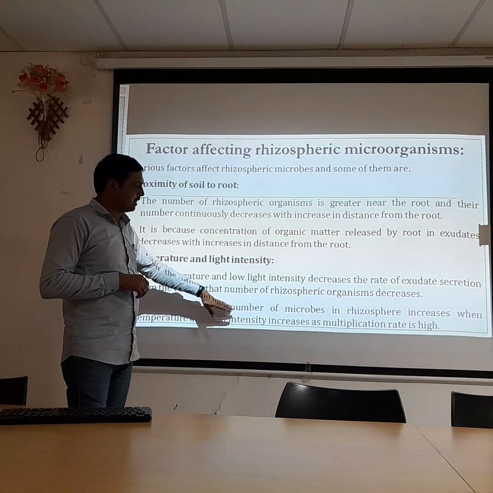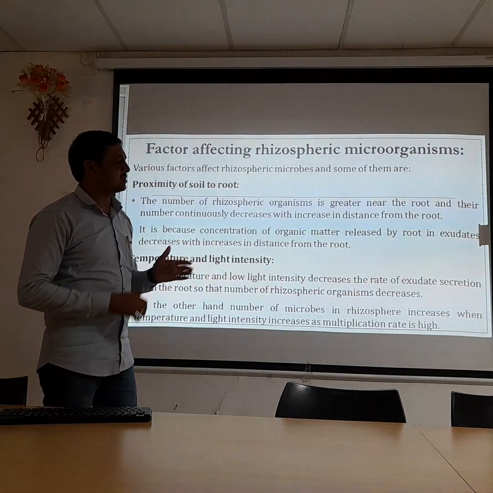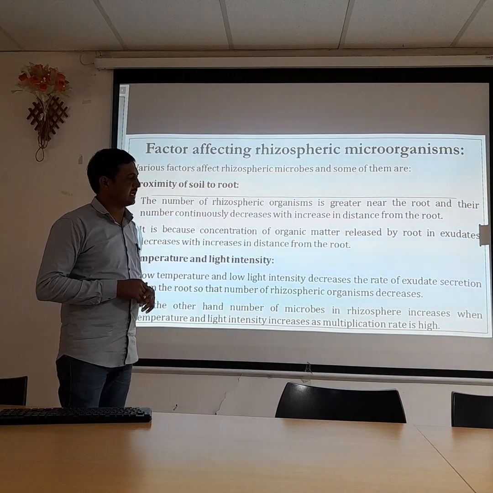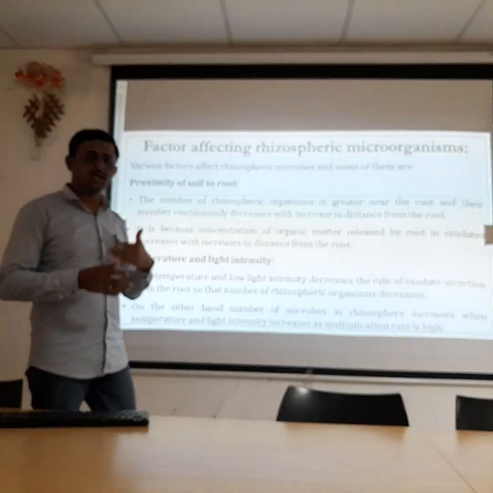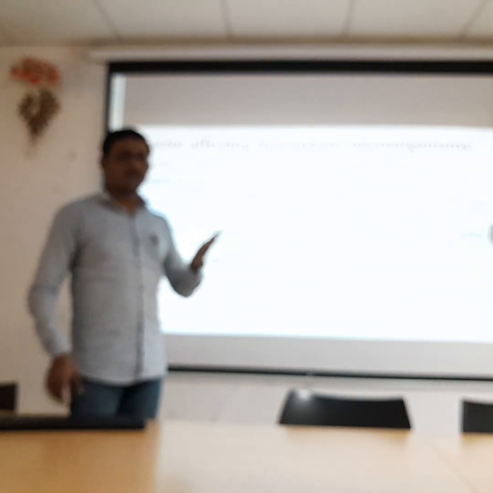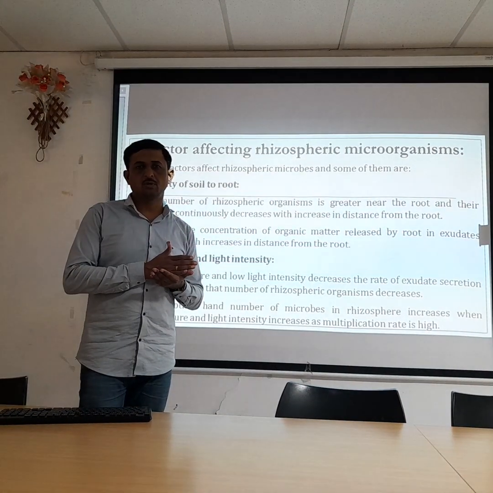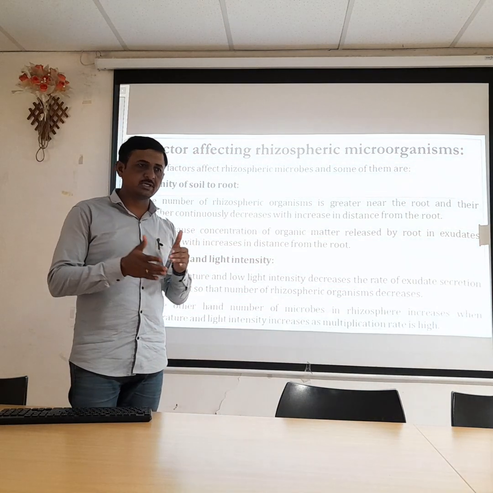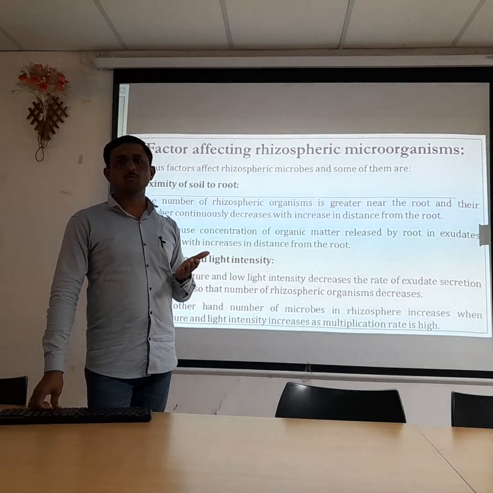On the other hand, the number of microbes in the rhizosphere increases when temperature and light intensity increase, as the multiplication rate is high. As temperature or light intensity lowers, secretion from the plant root decreases, which adversely affects the microbial population.